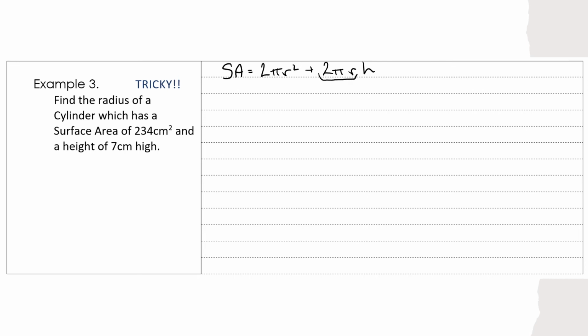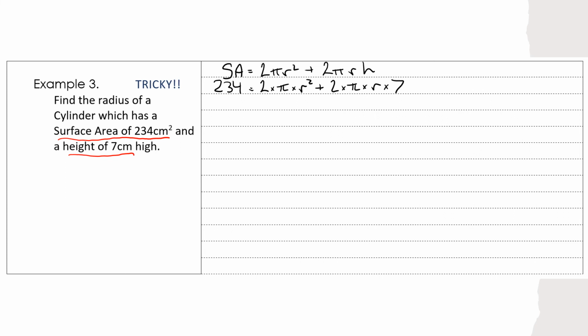But this is the base of the rectangle, which is the same as the circumference of the circle. Okay, let's sub in all the values that we know. So the surface area that has been given to us is 234, and the height is 7. So we get 234 equals 2 times pi times the radius squared plus 2 times pi times the radius times the height, which is 7.